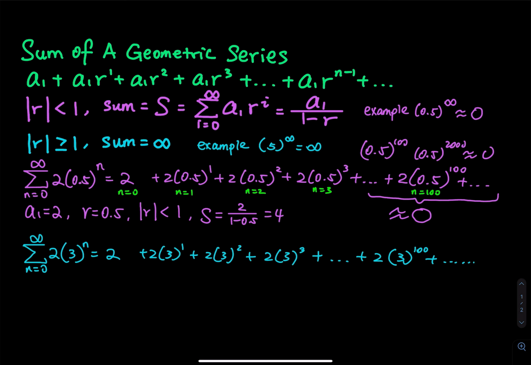That means the sum is only determined by the first couple terms, probably from n equals 0 to n equals 10 or 15. So even though you are adding up many numbers, the sum is not necessarily infinity. So I'm going to say that the sum is determined by the first few numbers.